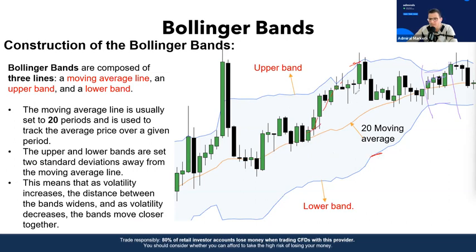So it means that we have an increase of volatility, regardless of the direction. It doesn't make any difference if it's an uptrend or a downtrend. It's just based on volatility. So keep this in mind, please. Price gets away from the moving average, the bands expand. In periods of consolidation, the bands contract.